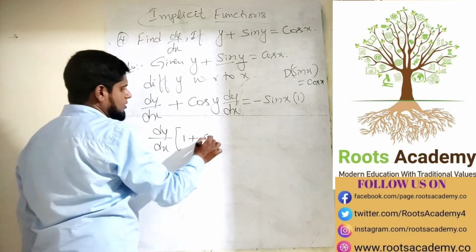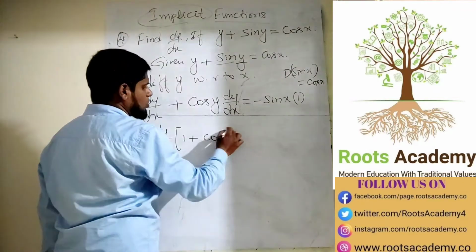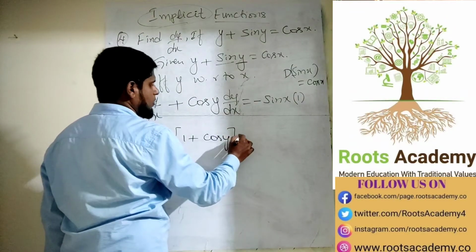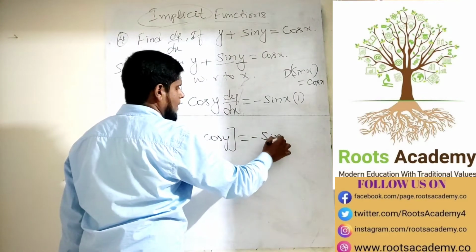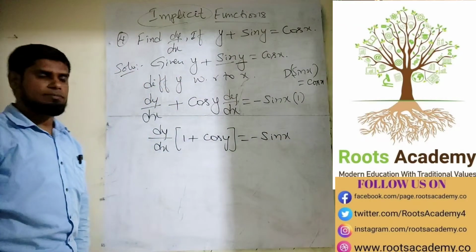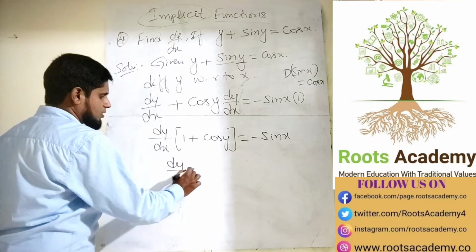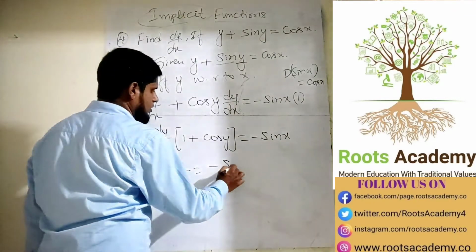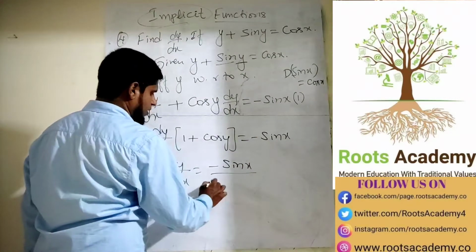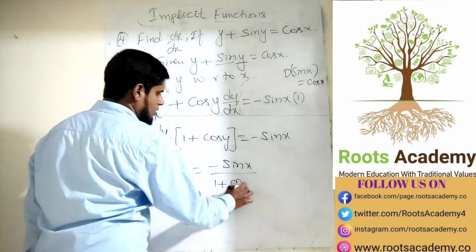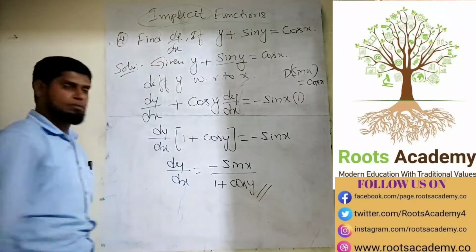We get 1 plus cos y is equals to minus sin x, and at last our dy by dx is minus sin x divided by 1 plus cos y.